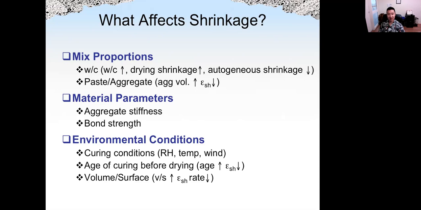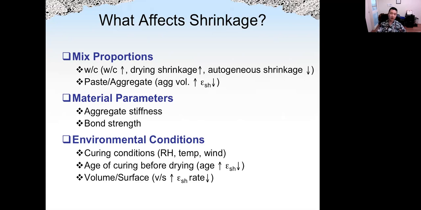For environmental conditions, RH, temperature, and wind will affect drying shrinkage and plastic shrinkage. Age of curing before drying: increasing the age of curing before concrete dries will reduce the shrinkage, because concrete at later age will be stronger to resist the shrinkage stress.